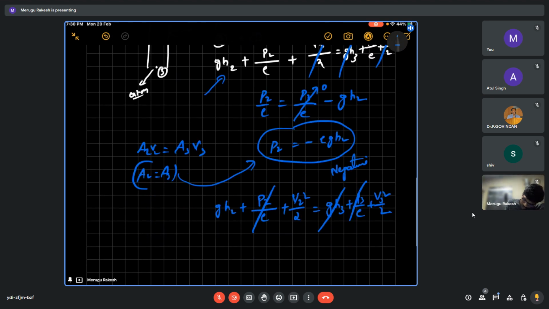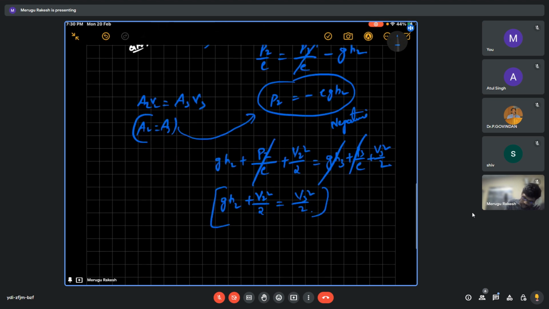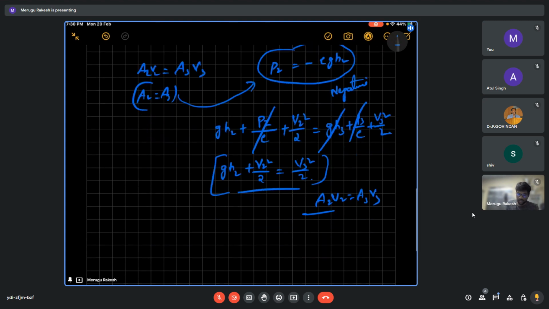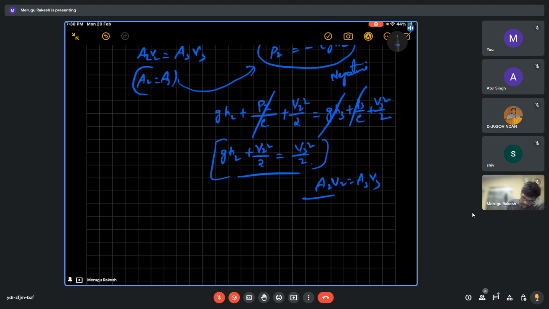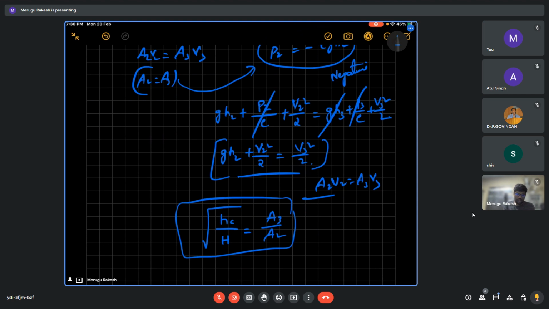So we have gH2 plus V2 squared by 2 is equal to V3 squared by 2. And we have A2 V2 equal to A3 V3. If we solve this, we end up with the equation that I used in the question given. That is nothing but the ratio R.